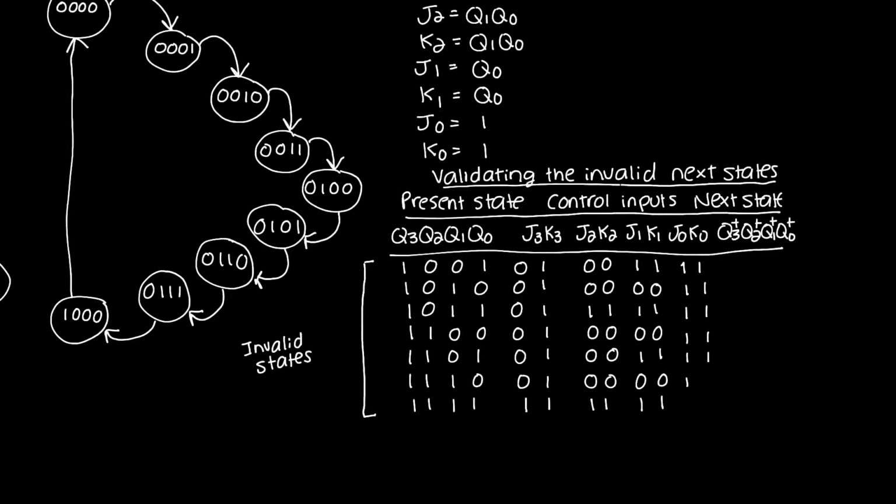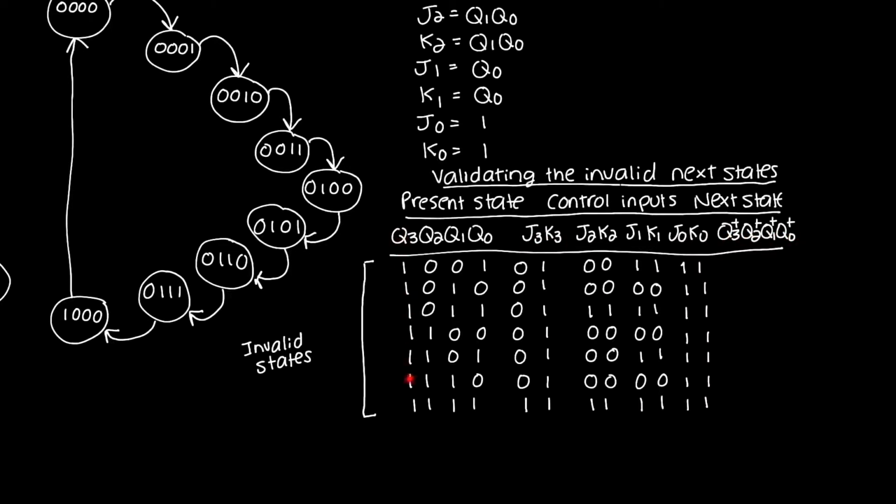With this information, we are going to look flip-flop by flip-flop, and we know what a JK flip-flop truth table looks like. If I know the present state and I know what the control inputs are for each flip-flop, that lets me determine what the next state is going to be.